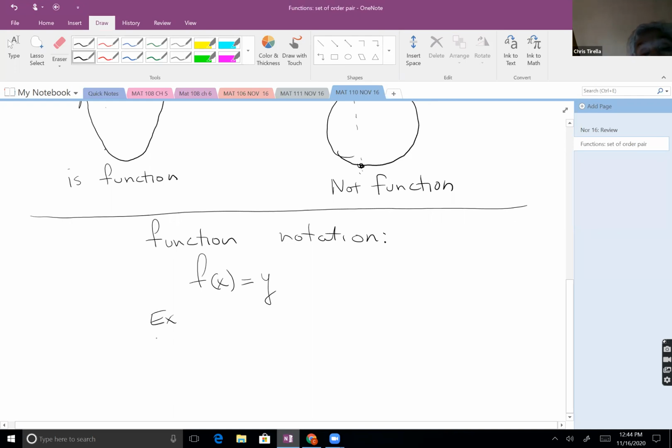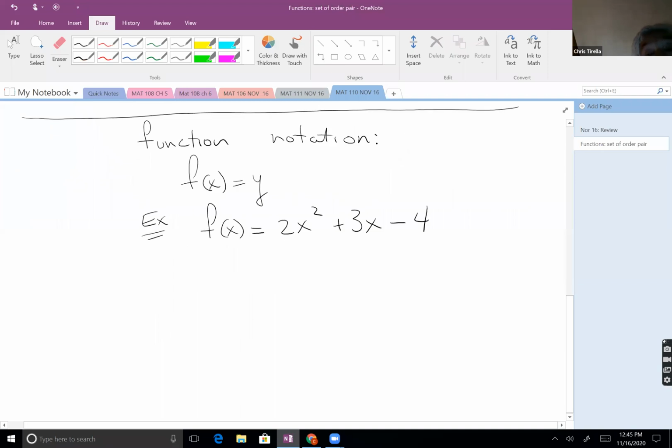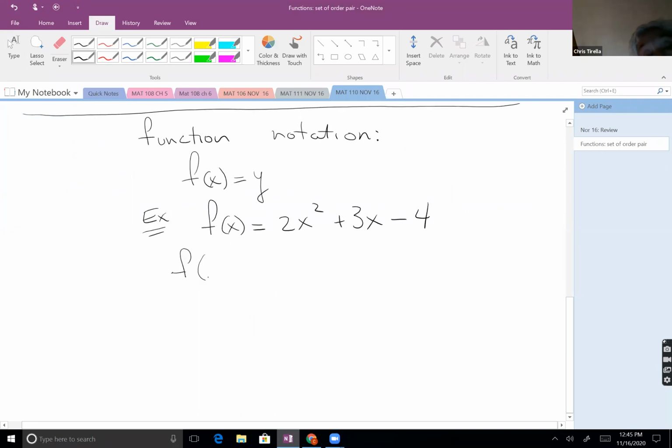So if I have something like f of x equals 2x squared plus 3x minus 4, and if I ask for, let's say, f of 1, f of negative 1, and let's say f of x plus 2, can anybody remind me of how to find that? For example, f of 1.